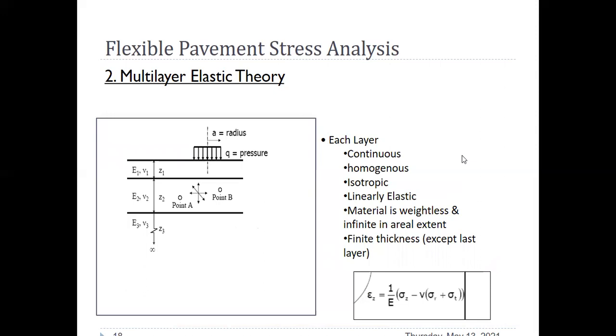So when we analyze pavement, we have different theories. One is multi-layer elastic theory, in which the pavement is assumed to have different layers, and a tire load is applied, and there is a contact radius. This area, this radius, depends not only upon the tire pressure but upon the load as well.